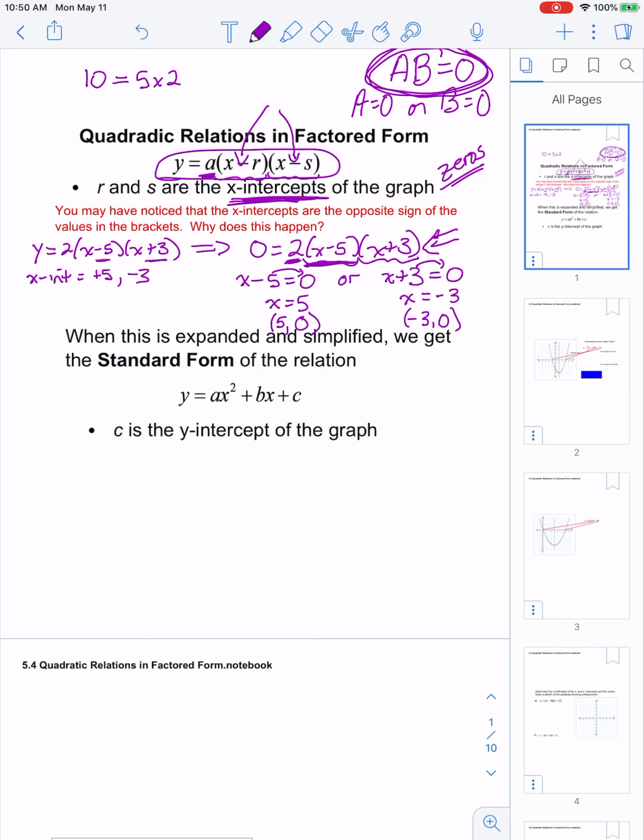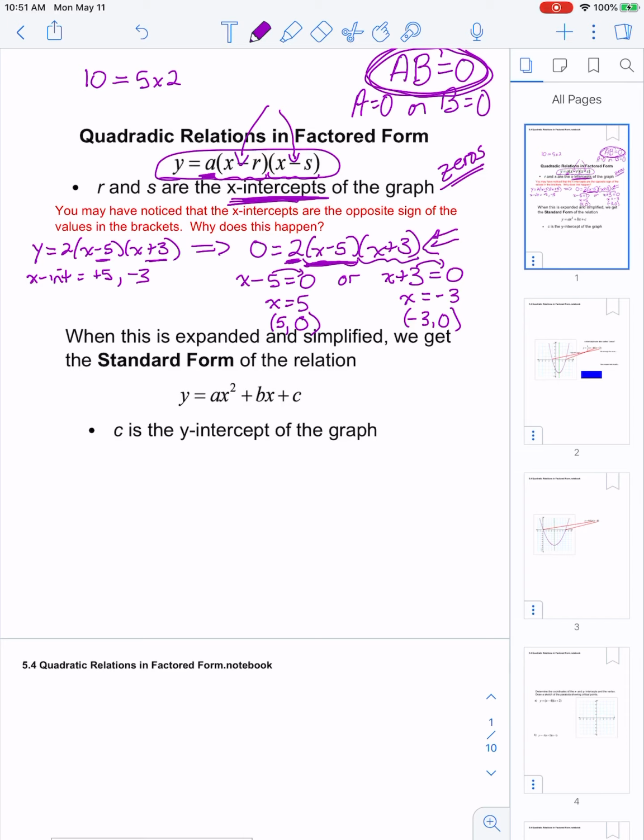Now, you should also have learned by doing that matching activity that there are different forms of the equation. You have the equation in factored form, and you can expand it, and we've already talked about how to expand. Then you get the equation in what's called standard form.